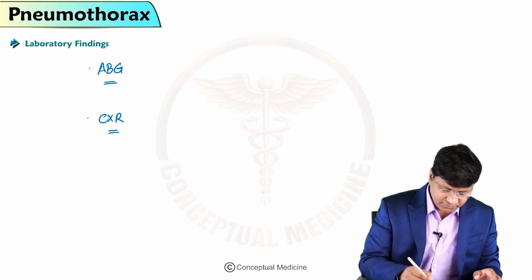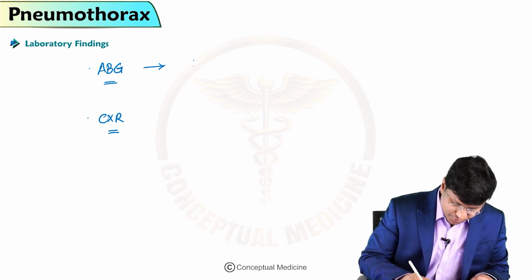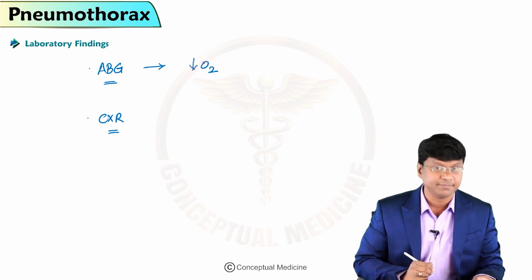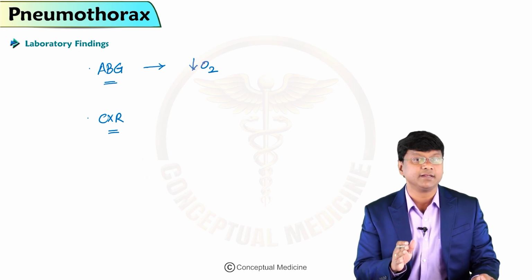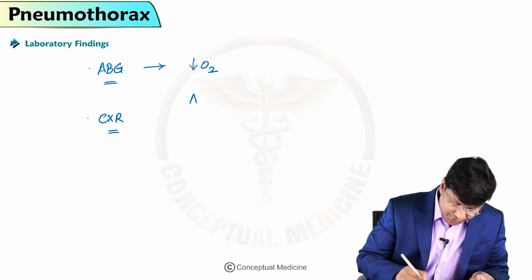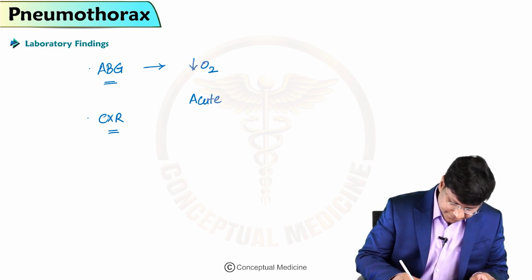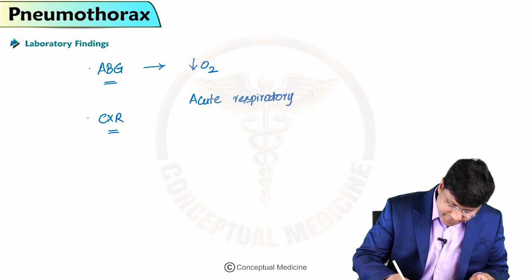But if you do an ABG in patients with pneumothorax, that will reveal hypoxemia, and there will be acute respiratory alkalosis. Now, why will the individual develop acute respiratory alkalosis?